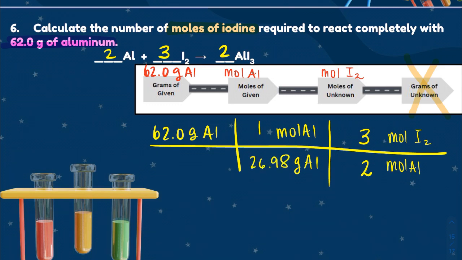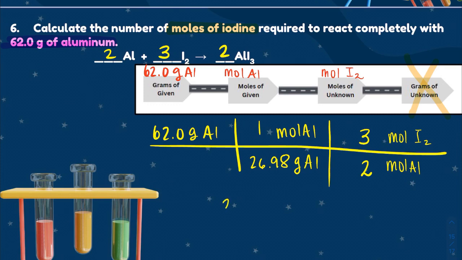All right, we're ready for our final conversion. Just like last time, we have 2 numbers on the bottom, so you need to make sure that you divide by both of those numbers. I'm going to say out loud what I type in: 62.0 times 3 divided by 26.98 divided by 2. Pause if you need to catch up.